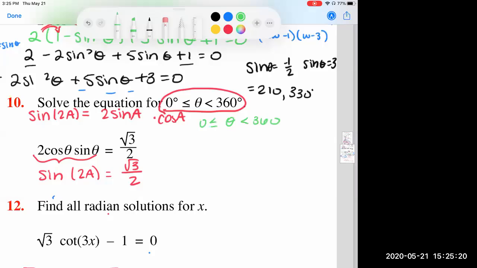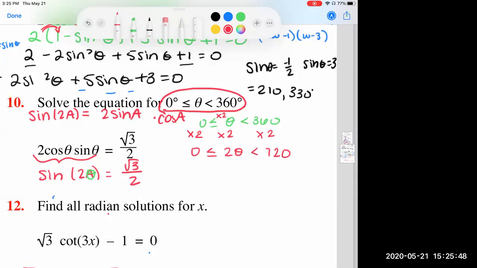But you see how here has a 2 theta? I wrote A, but it should be theta. You have a 2 theta. I need to multiply by a 2 to make it a 2 theta. So we're going to multiply all 3 sides by a 2. So I get 0, 2 theta, 360 times 2 is 720.